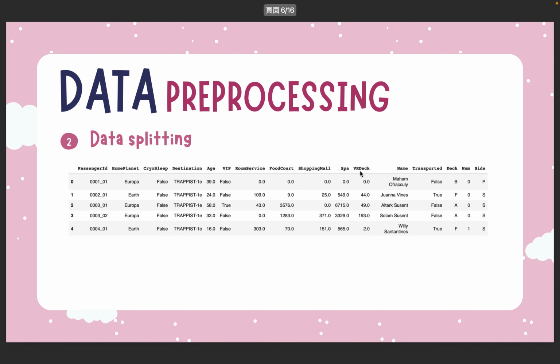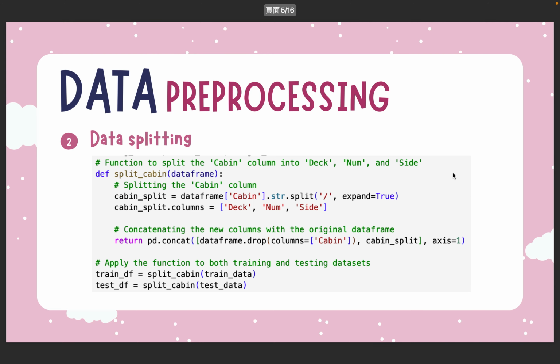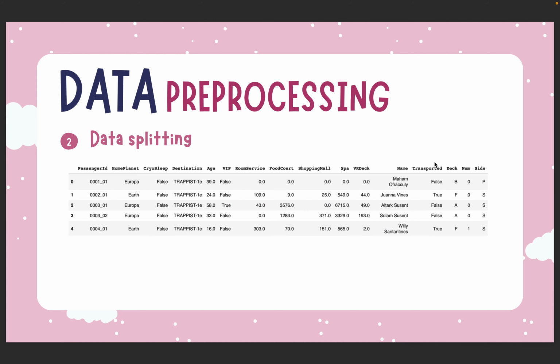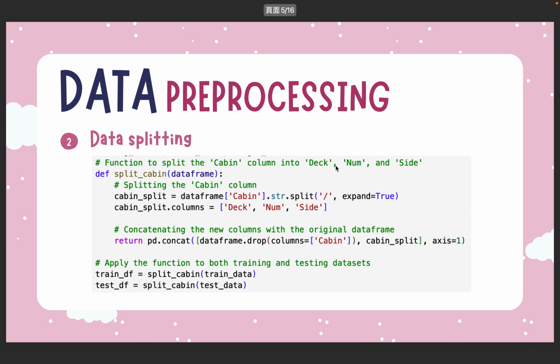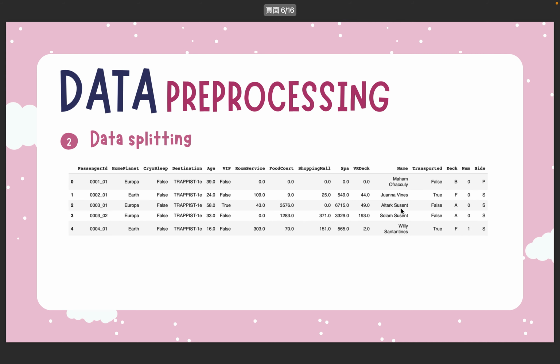You can see that we print the data after we split it, so we get 3 different columns compared to the data set before we split it. So you can see that we get deck, num, and side, but we don't have the cabin column anymore.